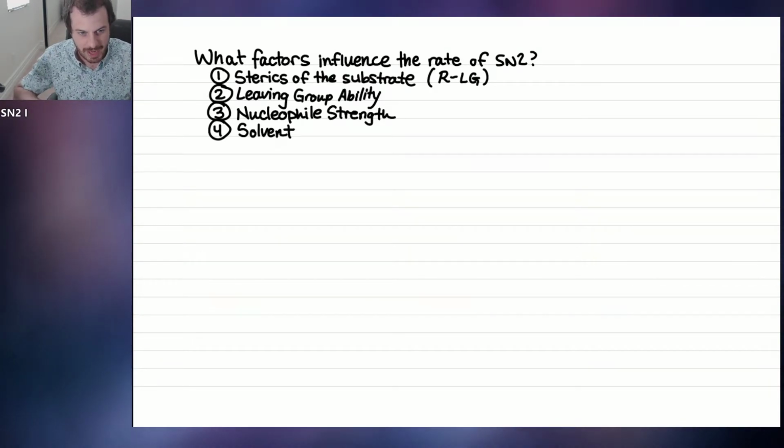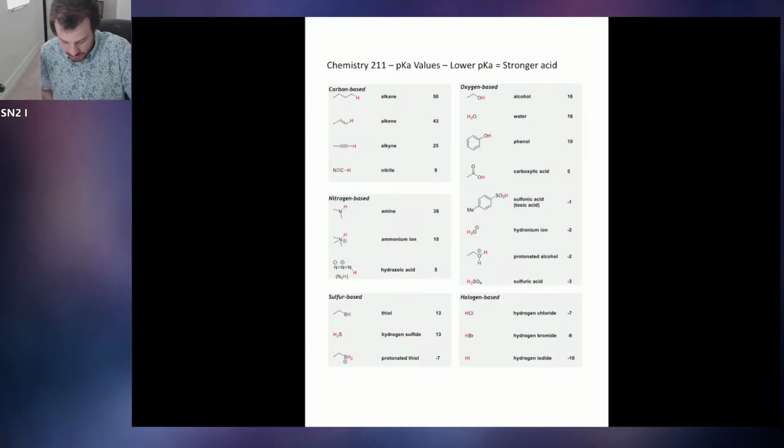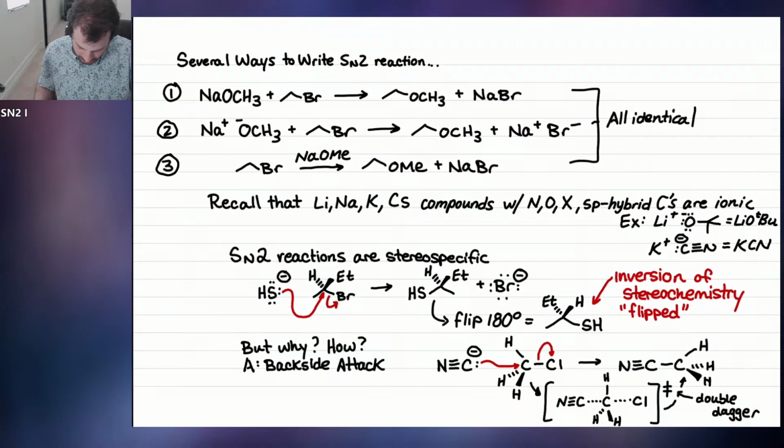In fact, let me just go back a page and show you why the solvent has an effect. But again, we're going to talk about this next lesson. If you look at the transition state, it's a polar transition state. There we go. If you look at the transition state, it's polar.